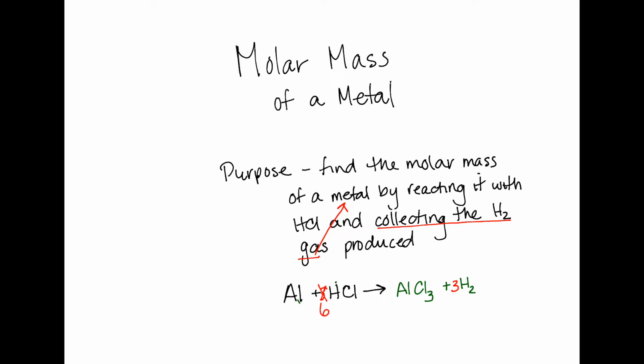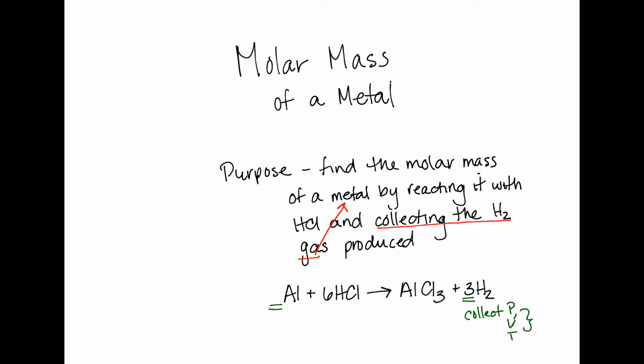So this would react in a 1:6 to 1:3 ratio. Now, knowing what ratio the hydrogen gas and your metal are in will allow you to collect some information. So collect things like pressure, volume, and temperature, calculate moles, and then relate those moles to moles of aluminum.